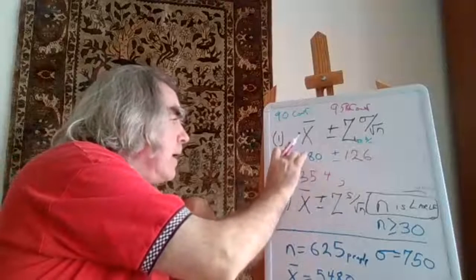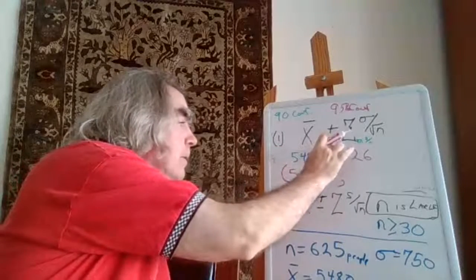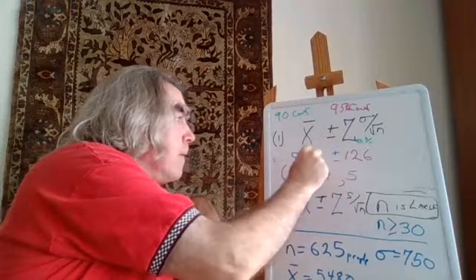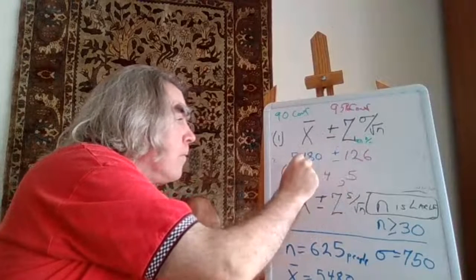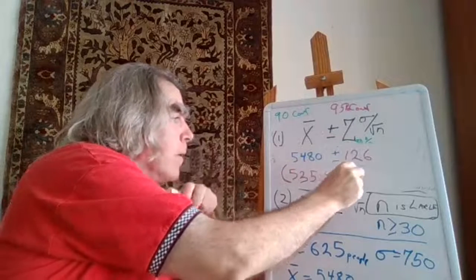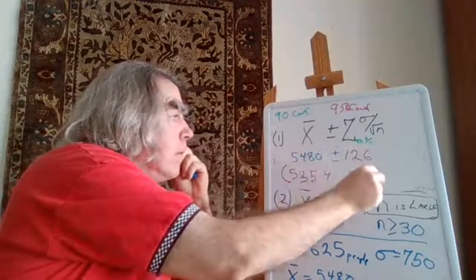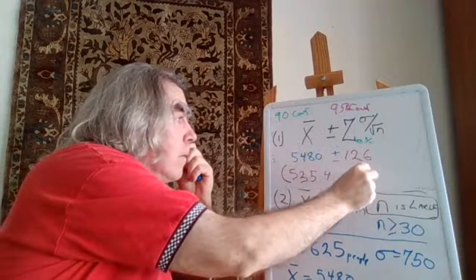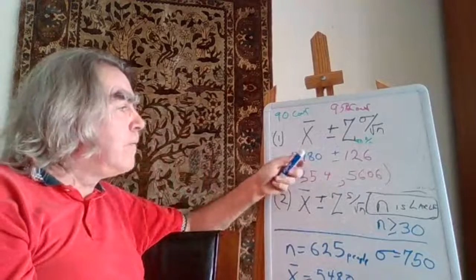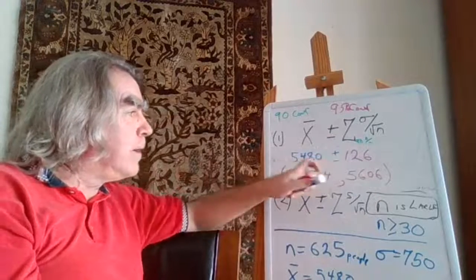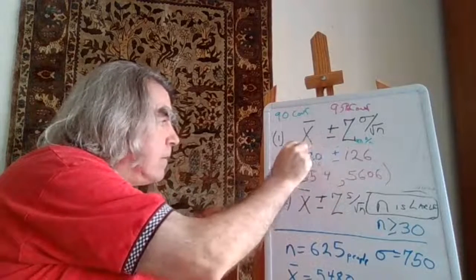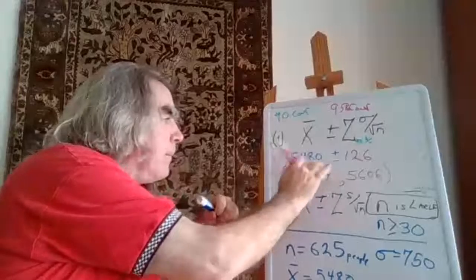On the positive side, it's 5480 plus this. So that would be 5,606. Did I do that math right? 5480 plus 126. Yeah, you got that right.